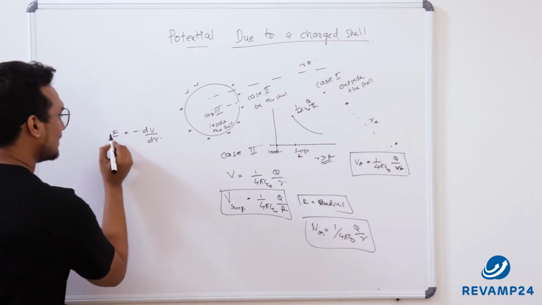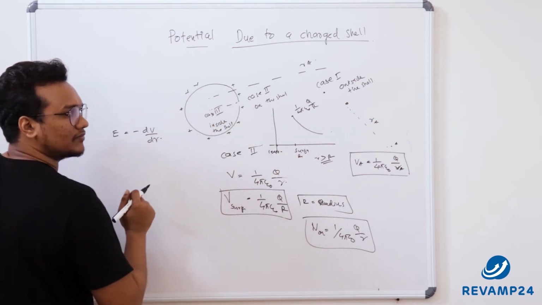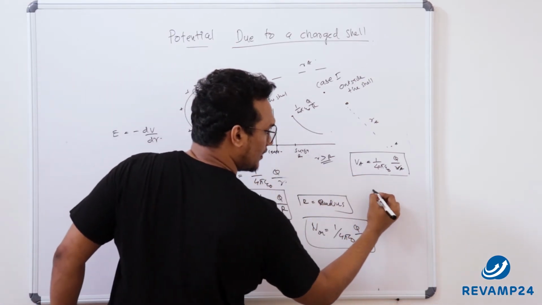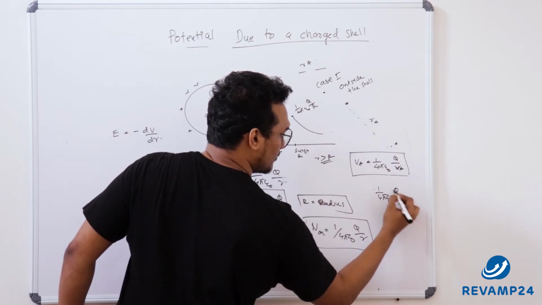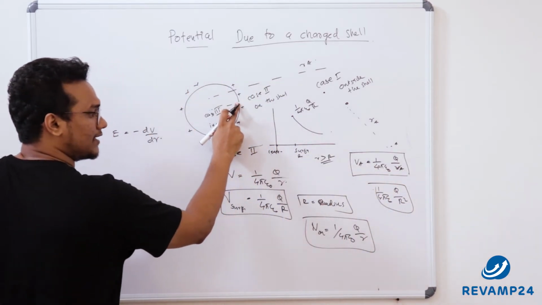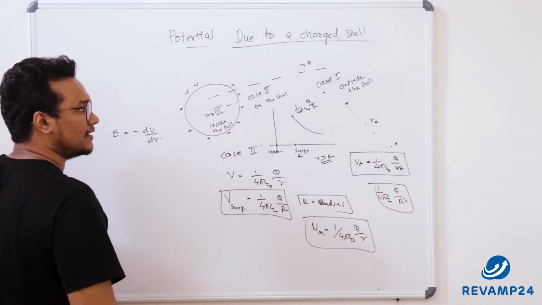Because in this case also the electric field is the same thing. What is the equation for electric field? 1 by 4 pi epsilon 0 q by r square. On the surface also I can substitute this equation, substituting the value of r as the radius.